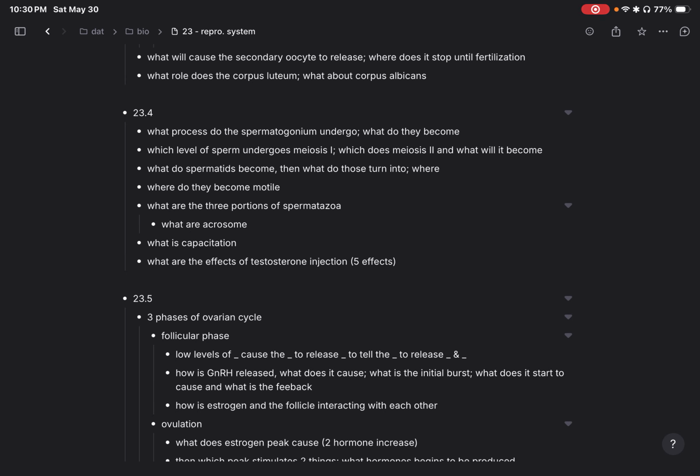These spermatocytes will undergo meiosis 1, and then they'll go into secondary. So the primary spermatocyte is going to go through meiosis 1. Then you're going to get secondary spermatocytes, which are 2 of them. Okay, wait, this is low-key geeked, bro.